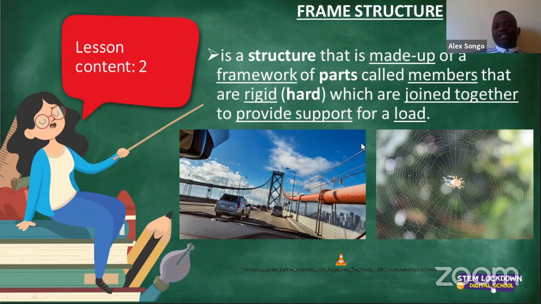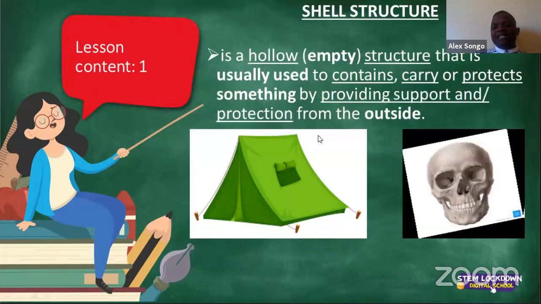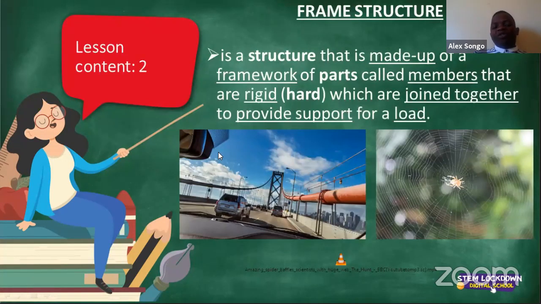In a lot of instances, frame structures have holes in them, they are not closed like you would find in a shell structure. In a shell structure, you will find an opening or a hole in one or very few areas. However, in a frame structure, because of the struts, which are the members, there are a lot of openings. However, the struts or members are very hard, or very rigid. So I've given you two examples.